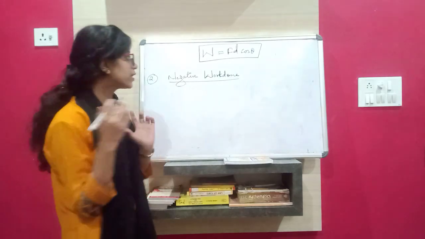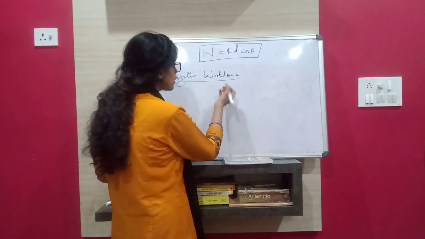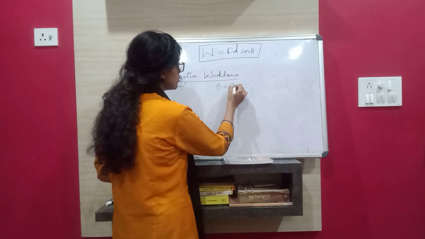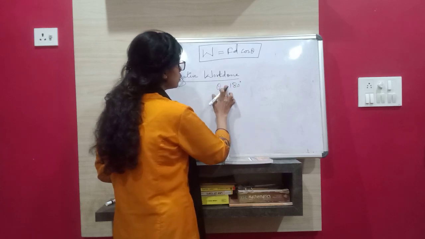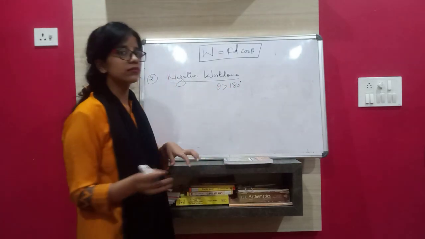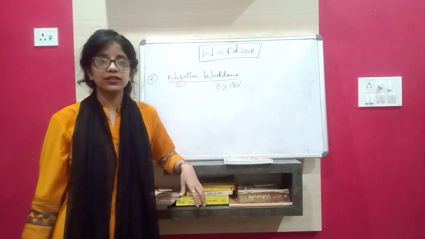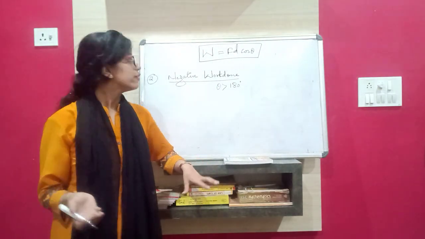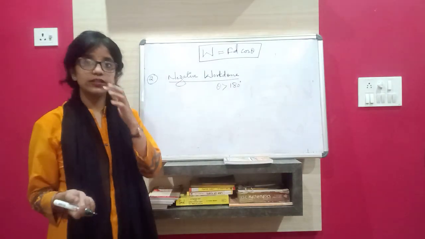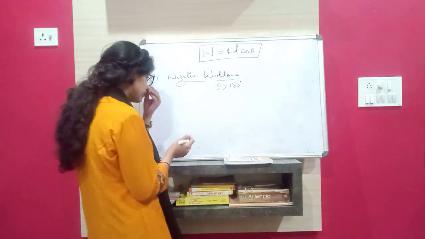How is it going to be negative? When theta is 180 exactly or more than 180, then we say that the value of work done will be negative. Like if you see, beta, you can take an example.